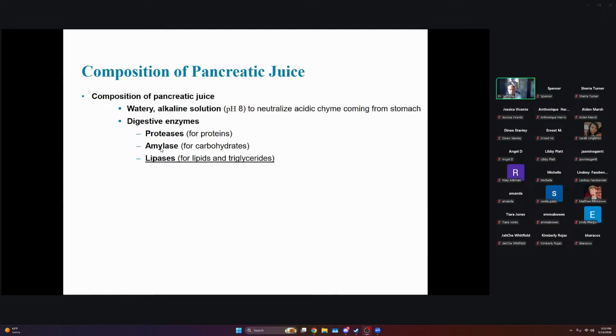This is the same amylase, but this is a second dose of it released as a component of pancreatic juices, again in the small intestine. And then for lipids and fats, lipases are the enzyme. Remember that one for the test, that lipases are the enzymes as a component of pancreatic juices that chemically digest fats.